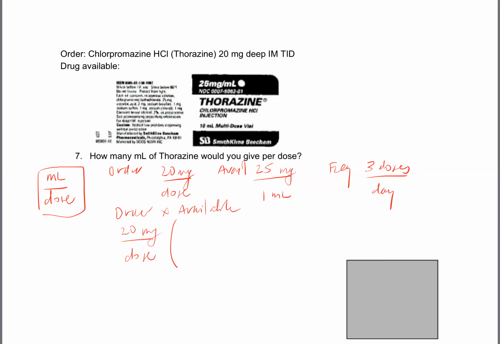You want milligrams to cancel, so you put 25 milligrams in the denominator, 1 ml in the numerator, and you get 20 divided by 25 is 0.8 mLs per dose. So final answer is 0.8 mLs per dose for number 7.